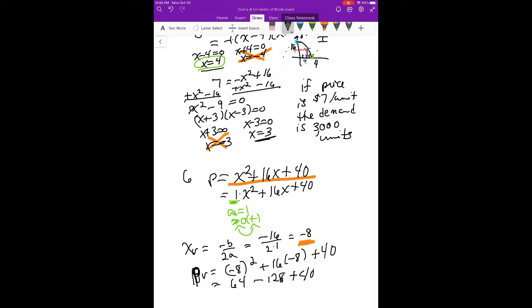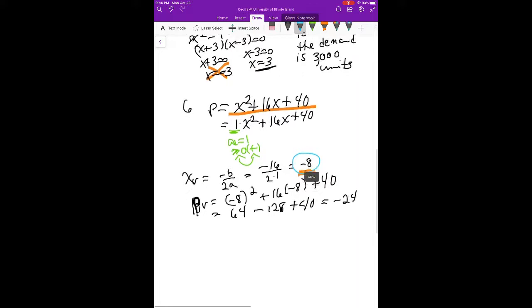So if we put that in our calculator, we're going to get 64 plus 40 minus 128 gives me a negative 24. All right, so we already knew that this x was not in our domain, but because we're trying to sketch this supply curve, it's still helpful information for us.